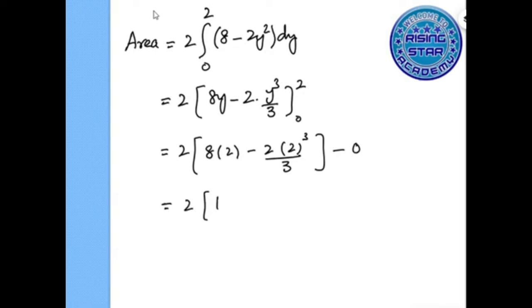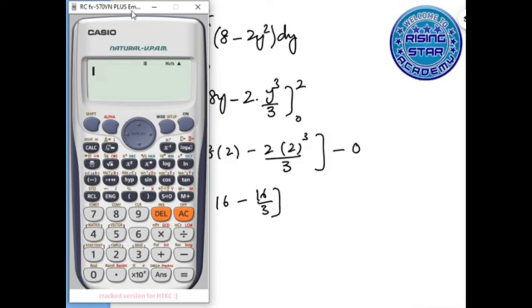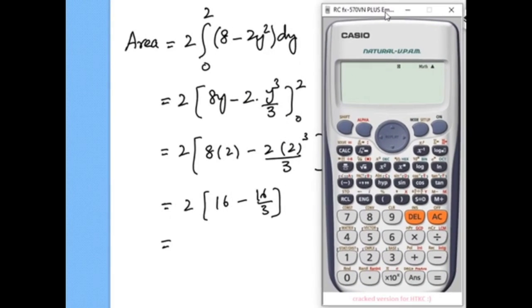So we have 2 times 16 minus 16 by 3. So simplify by calculator. 2 bracket 16 minus 16 over 3, that would become 64 over 3.